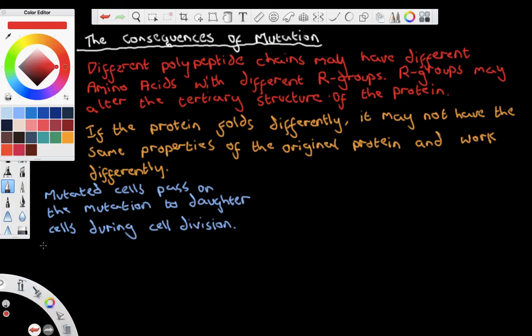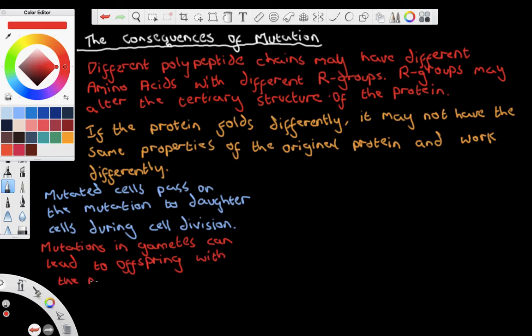So we can say, I'm going to put it in red because it's important, that if the mutation in gametes can lead to offspring with the mutation. Okay.